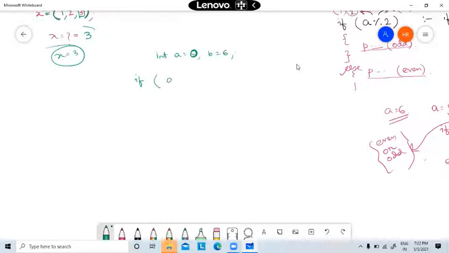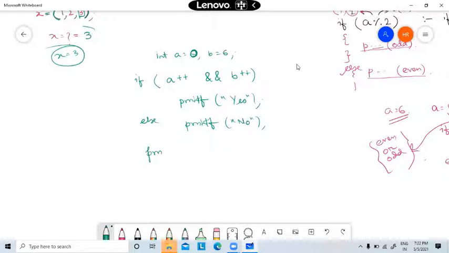I am writing here A plus plus and B plus plus. Printf yes, else printf no. Okay, and then finally I'm printing another statement for the values of A and B also.